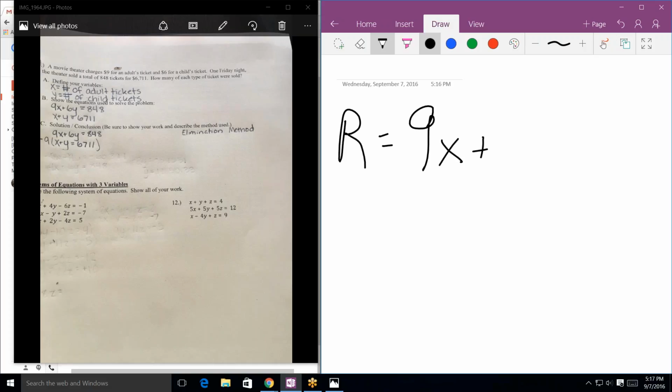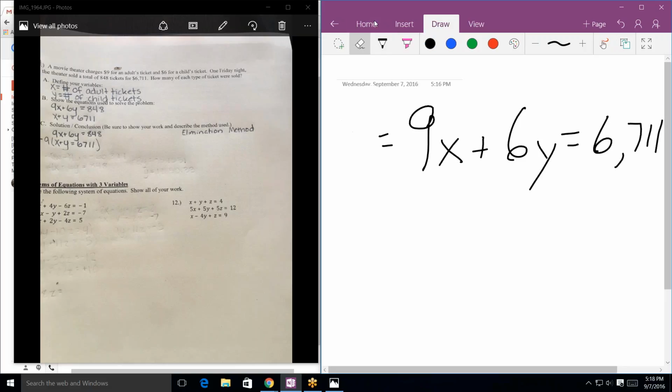What do you get from the child's tickets? $6. So it'd be 6y. What's your total revenue? 6,711. Right, not 848. Okay. In other words, there's your first equation.